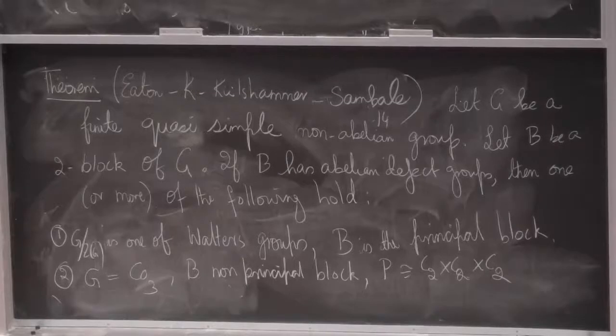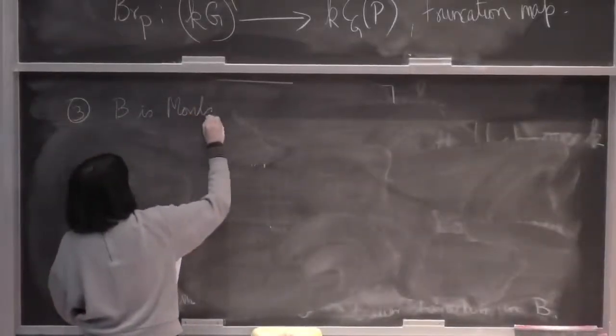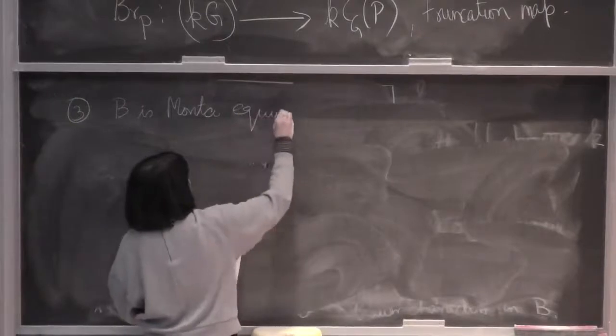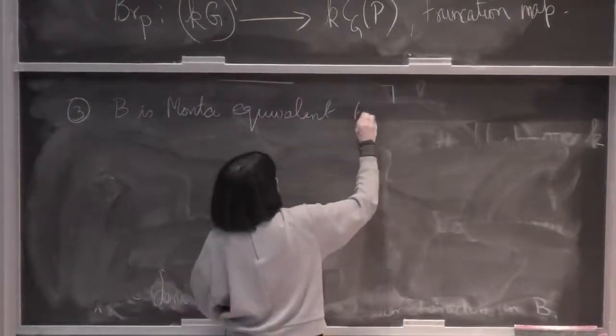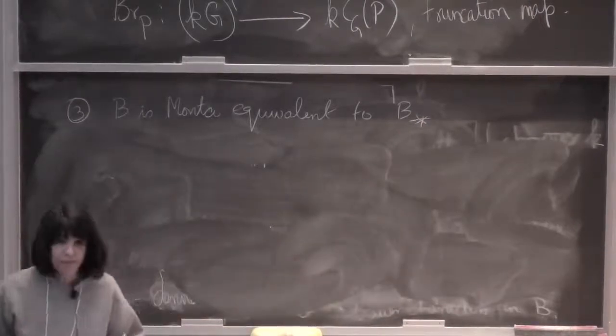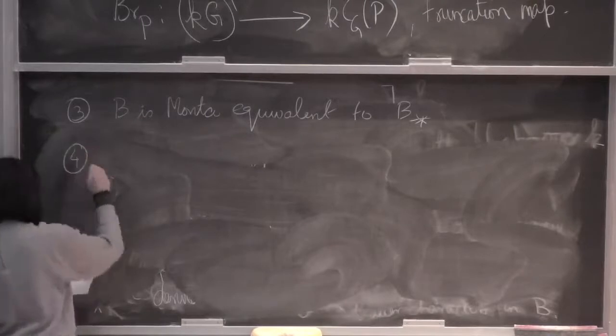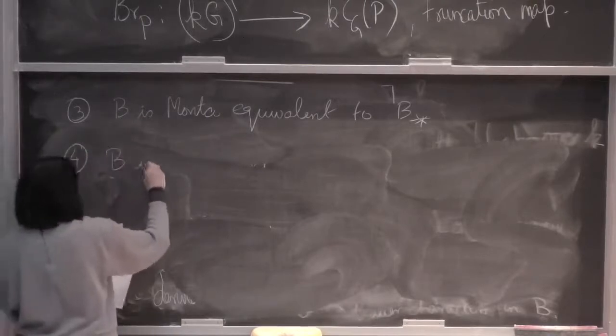You get lots more blocks, but all the new ones you get have an easy structure. So B is Morita equivalent to its Brauer correspondent. That can happen.